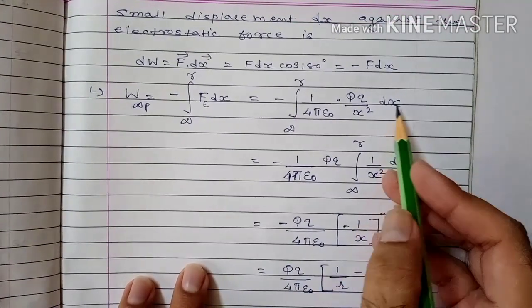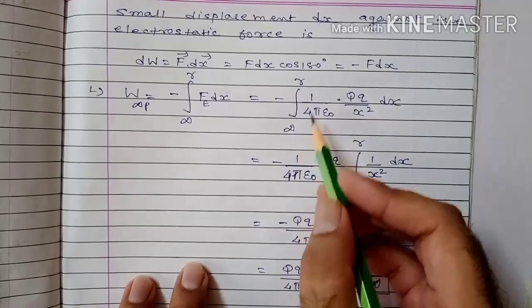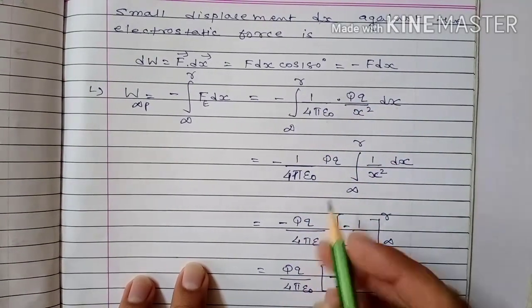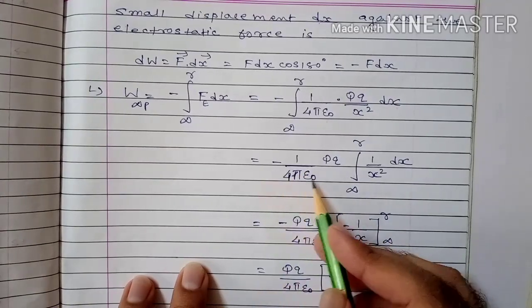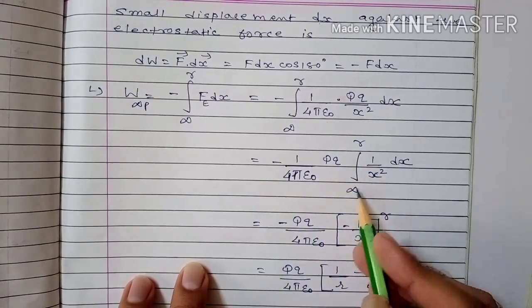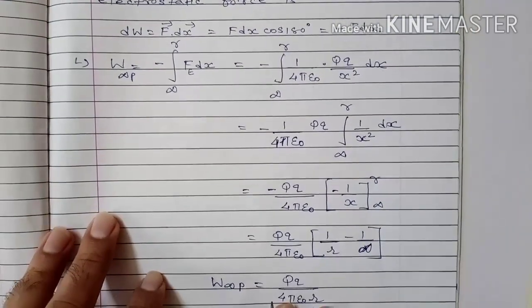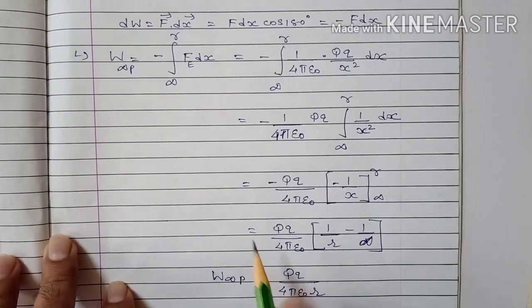This is the integration with respect to x. We can take 1 upon 4 pi epsilon naught q outside the integration, so it can be written as minus 1 upon 4 pi epsilon naught q integration from infinity to r of 1 upon x square dx. But the integration of 1 upon x square is known to us, that is minus 1 by x.